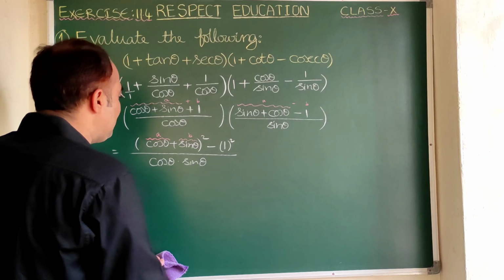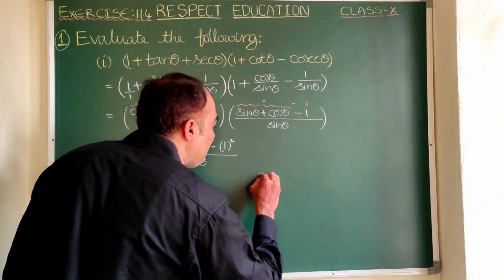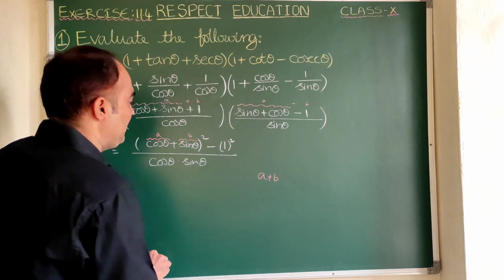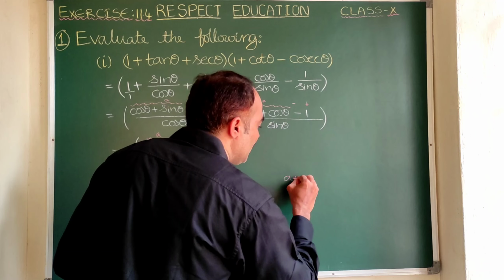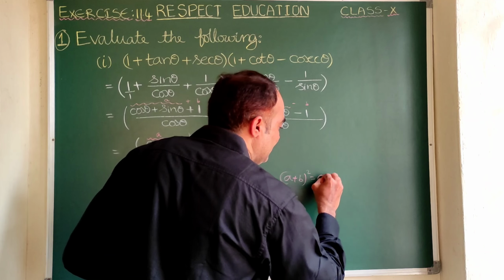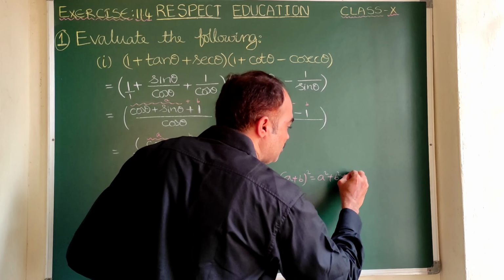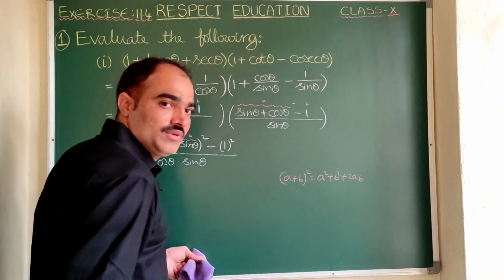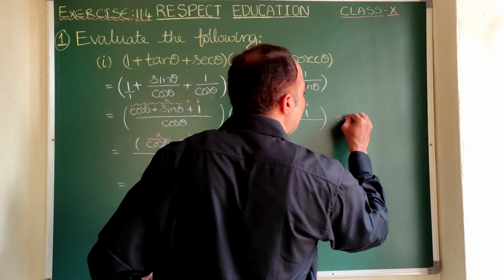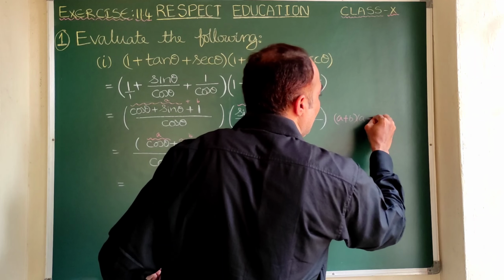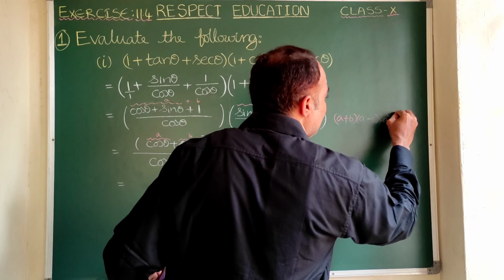What is the formula of (a + b) whole square? a square plus b square plus 2ab. Clear? Now what formula is applied here? (a + b) into (a - b) is a square minus b square.